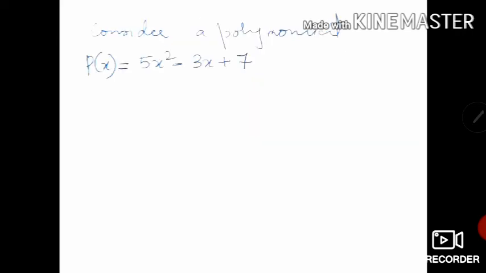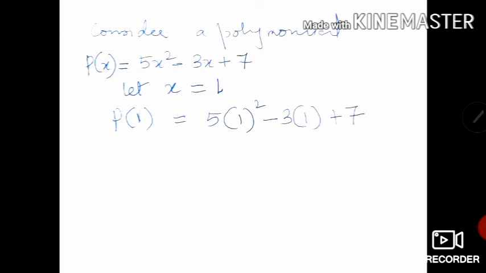Consider this polynomial 5x square minus 3x plus 7. Let's take x to be 1. If we replace x in this polynomial, then we will get p of 1 equal to 5 times 1 square minus 3 times 1 plus 7. This is equal to 5 minus 3 plus 7, which is equal to 9.